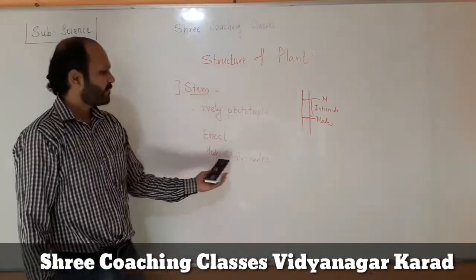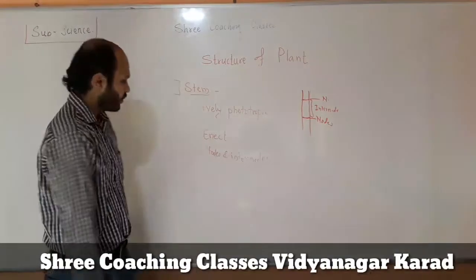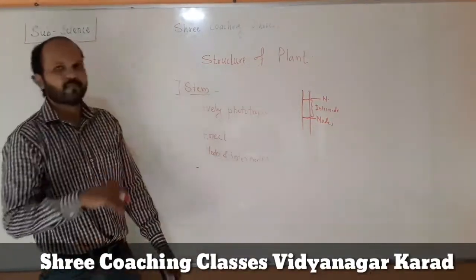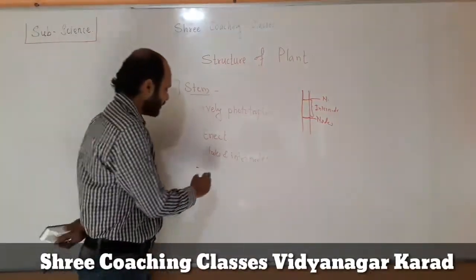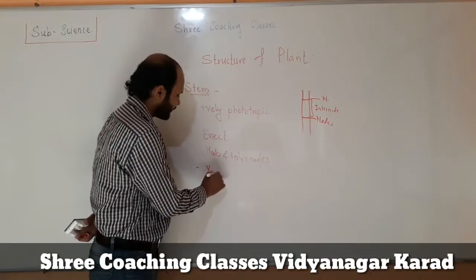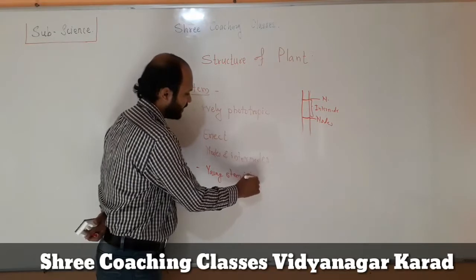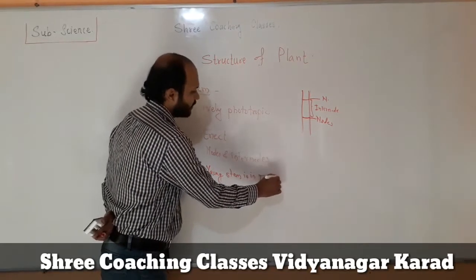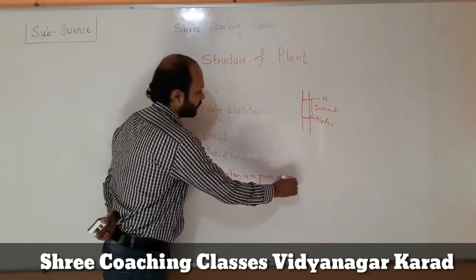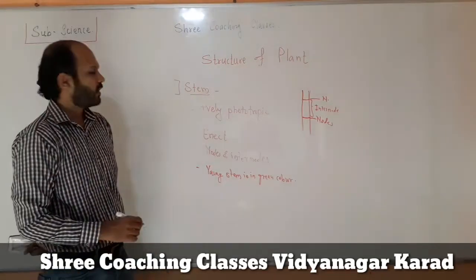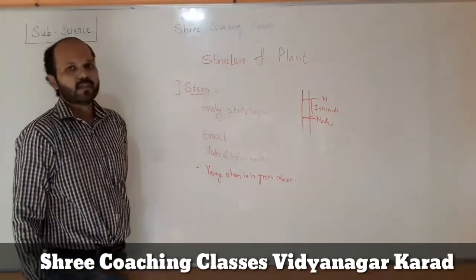That means the stem contains nodes and internodes. A young stem is green in color. So these are the characteristics of stem.